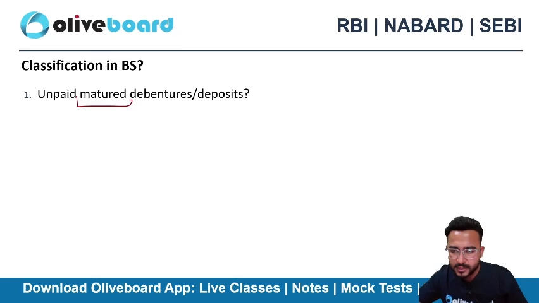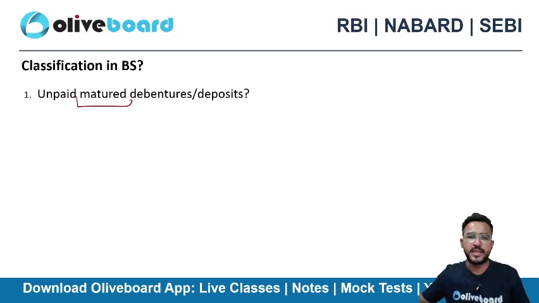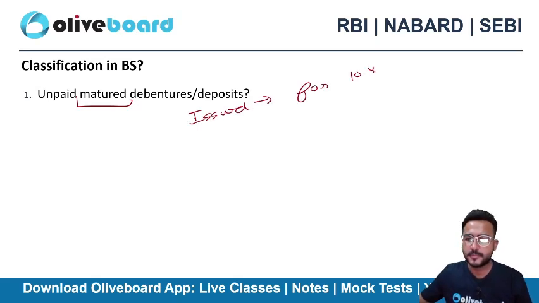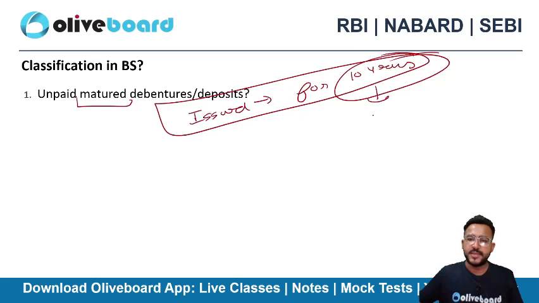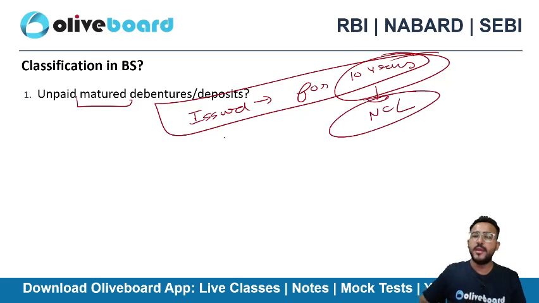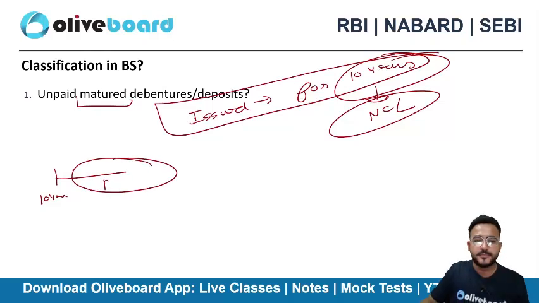So the ones that are on hold should fall under non-current, right, Twinkle? Let's suppose I have issued debentures for 10 years. Now debentures, deposits, bonds, usually they are long term only, right? So for 10 years, they are a non-current liability for me. But let's suppose 10 years are over now. Now I need to repay this.